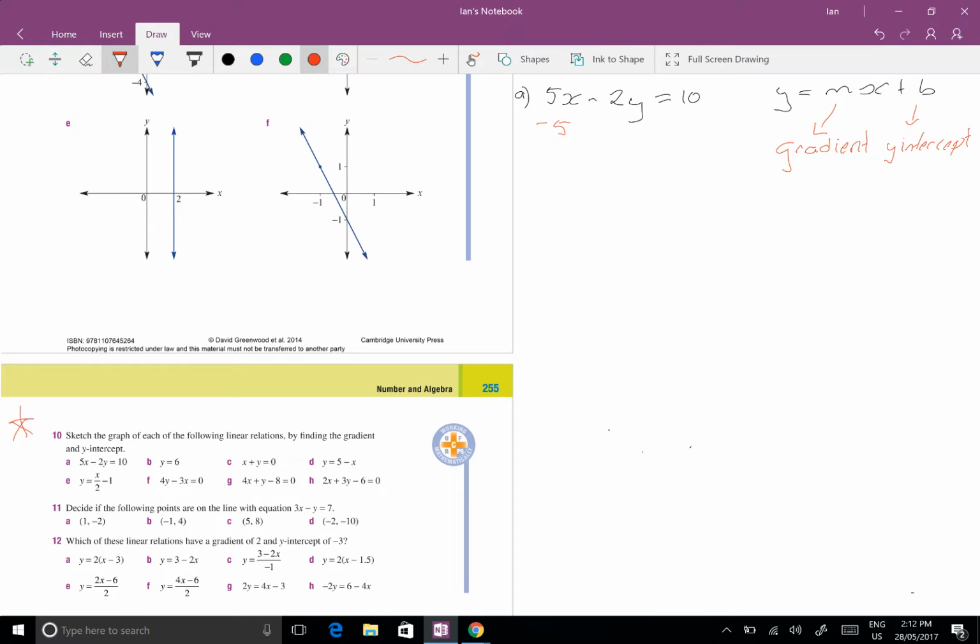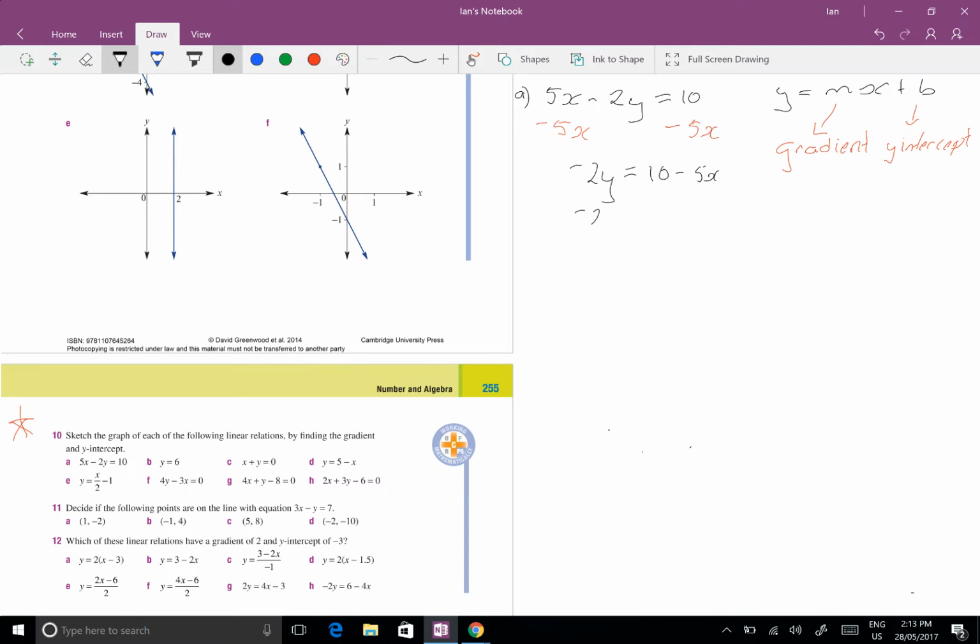So minus 5x from both sides. That will leave me with negative 2y, and that's the tricky bit, equals 10 minus 5x. Now it's still not good on the right-hand side because I've got the constant and the 5x in the wrong order. But there's a neat little trick.